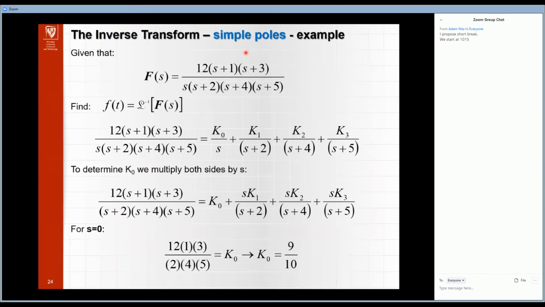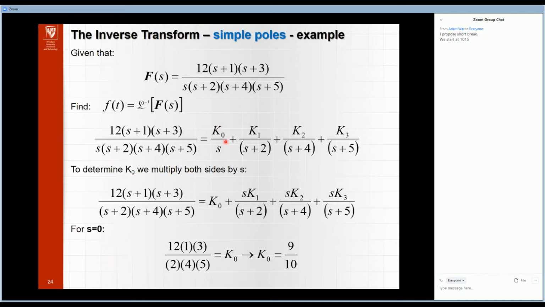For example, we have such a function, and we see here some factors in the denominator, and we want to find f(t). We write this formula and we can calculate the factors.